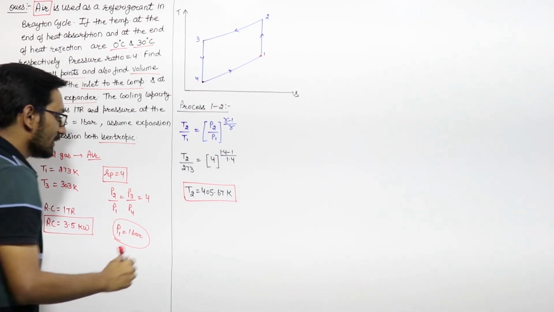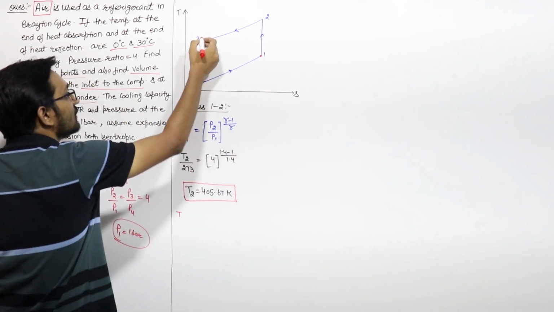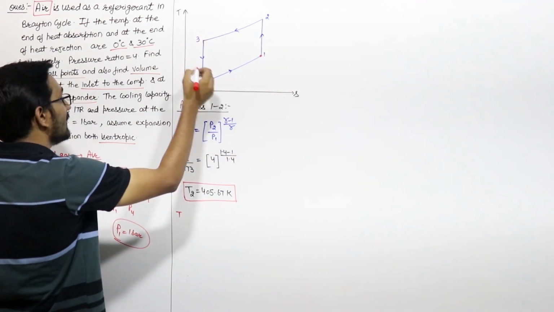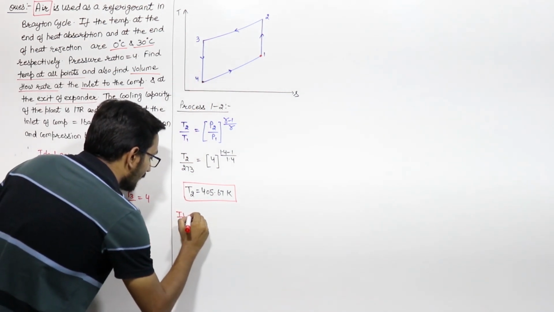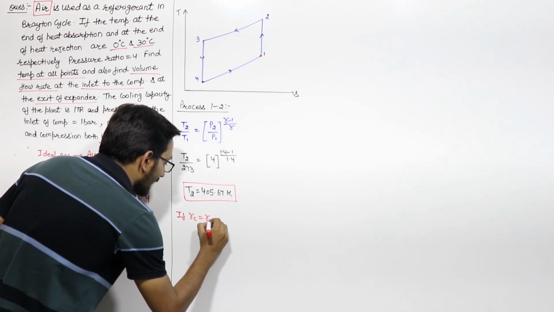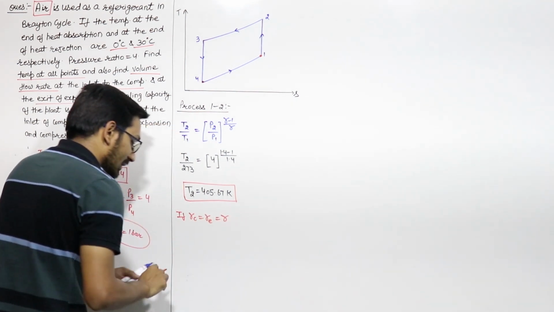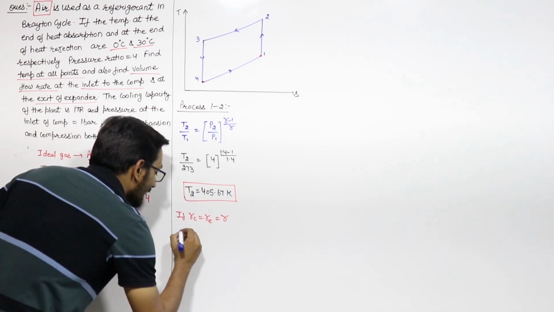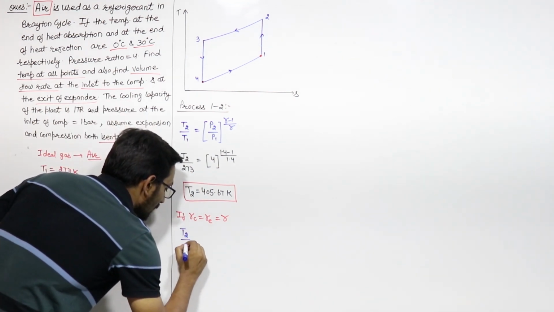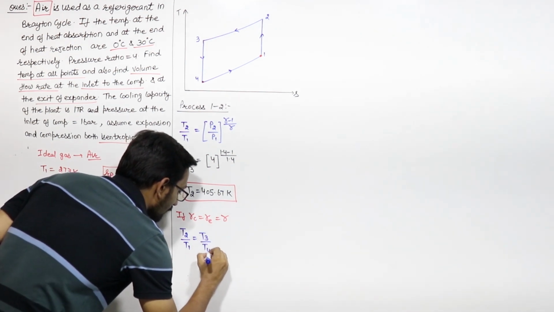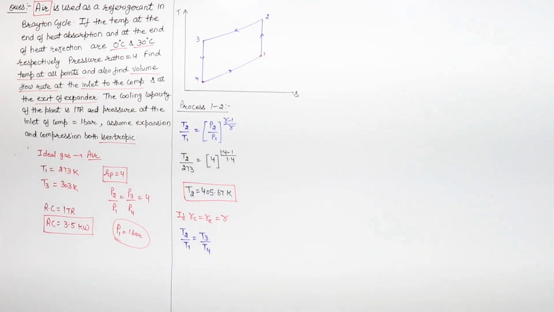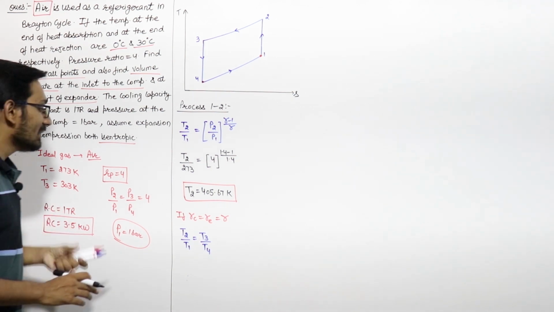Next, we have to find T4. Now we know that if gamma of both expansion and compression are the same, then you can write T2 by T1 is equal to T3 by T4. This formula I told you is very useful in the Brayton cycle. If you remember this, then most of the questions will be easy.